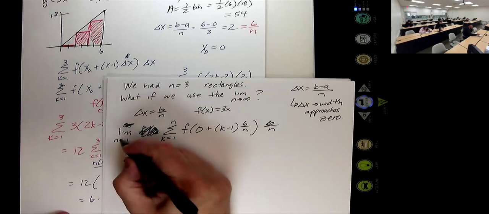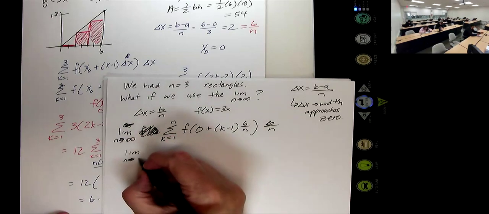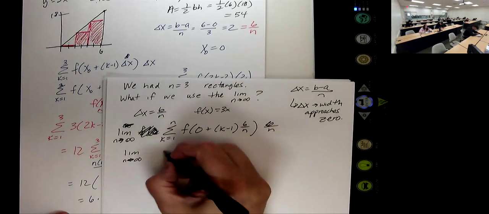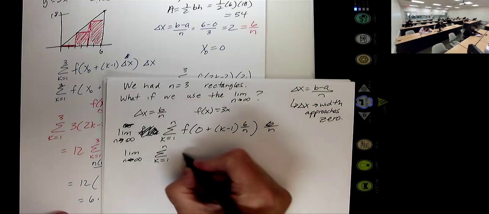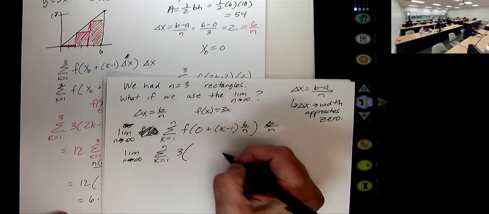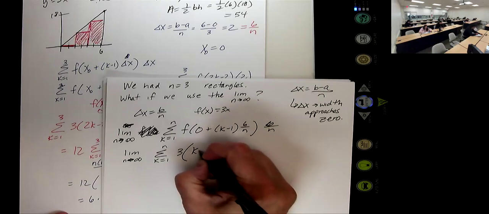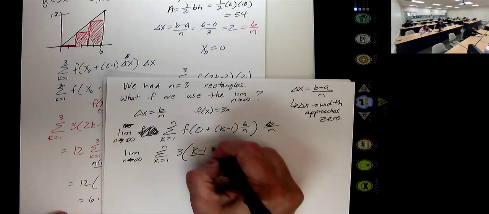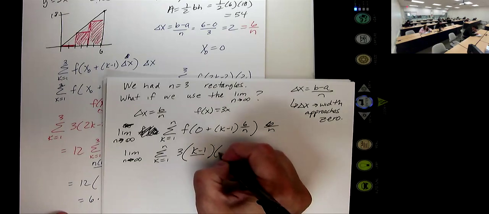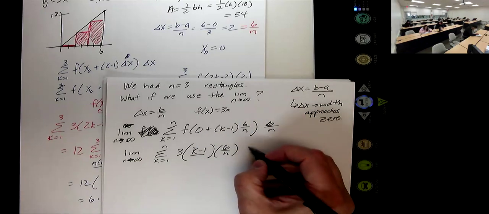Limit as n approaches infinity, k equals 1 to n. This is 3 times the k minus 1 times 6 over n times another 6 over n.